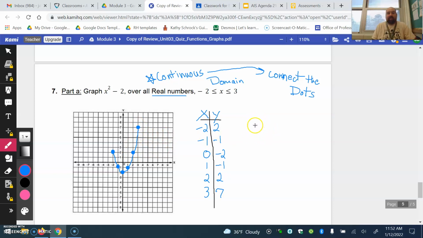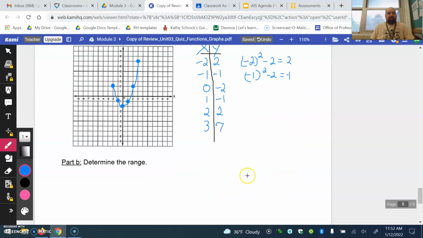I just have to acknowledge that they're there. By the way, just remember where this came from: -2 squared minus 2 is equal to 2, -1 squared minus 2 equals -1, and so on.